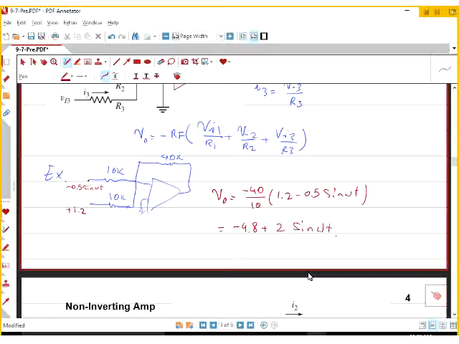This is actually a summing amplifier using an inverting amplifier because the concept is still the inverting. We do have a summing using non-inverting amplifier, which we're going to get to soon.